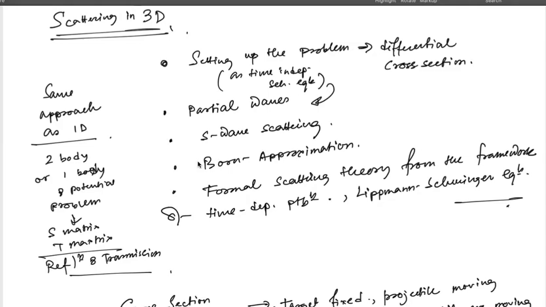On a 1D line, if you encounter a hindrance on your way, you have only two things you can do, either pass through it or reflect back. And we used the language of S matrix and T matrix to formalize it and calculate the necessary things very simply, like whether it will be a bound state or scattering state and all that.